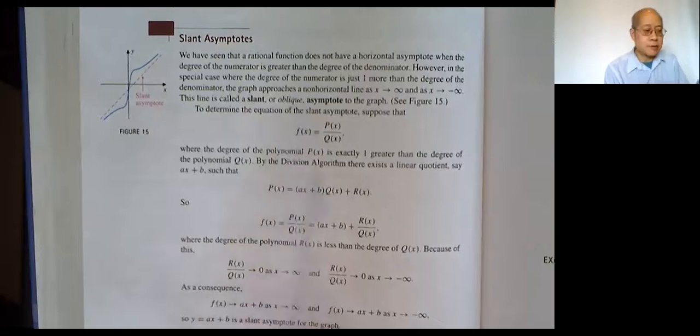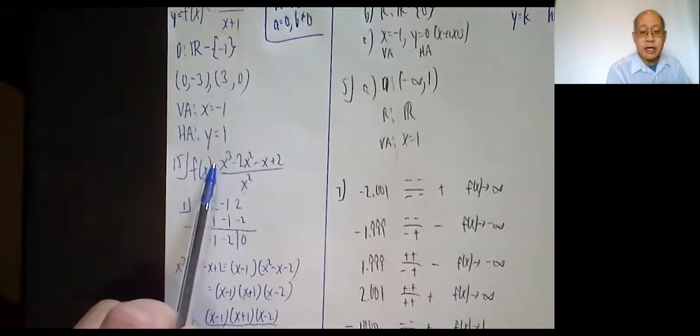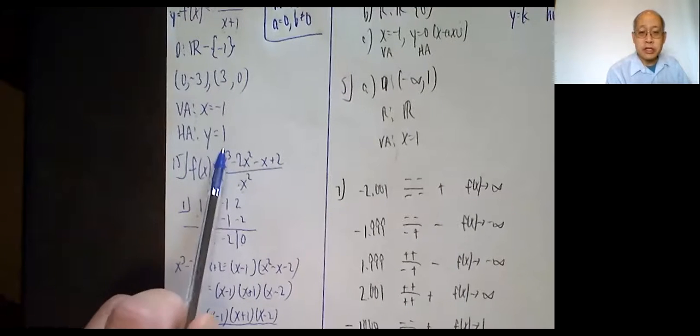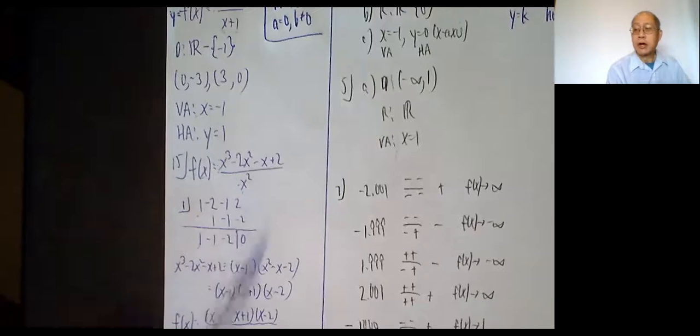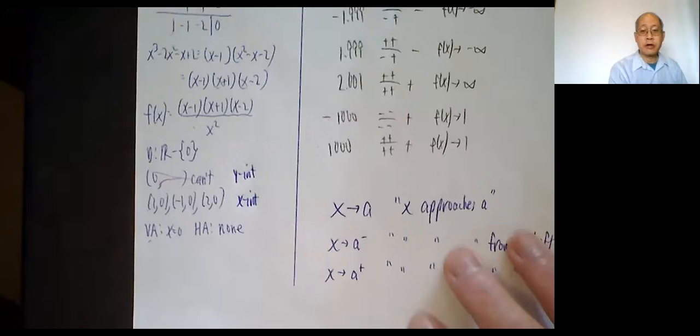Sometimes you hear oblique asymptote. So this is degree 3, this is degree 2, slant asymptote. Or maybe this is 2 and this is 1. Or this is 5 and this is 4. Then you'll have what's called a slant asymptote. But we'll worry about that later when we get to it.